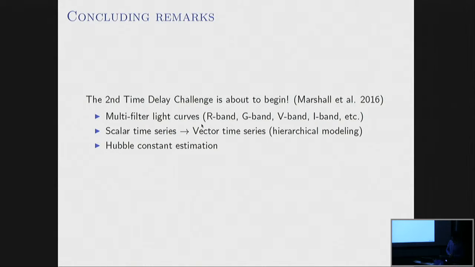So this time, they will evaluate how accurately we estimate the Hubble constant. Of course, we will estimate the time delay, but we are not reporting the time delay estimates. We have to submit our Hubble constant estimates for the blinded Hubble constants.